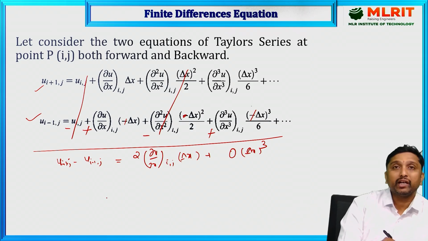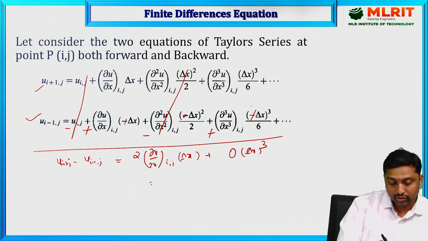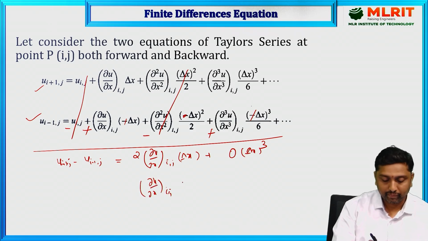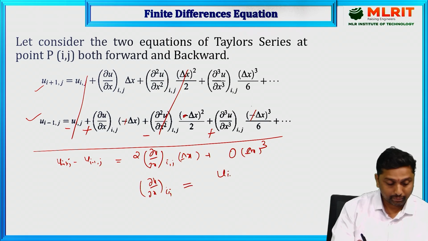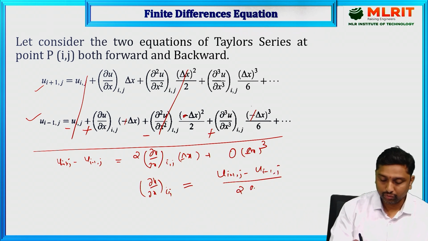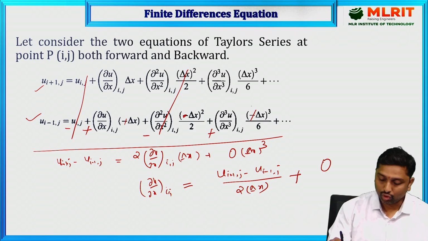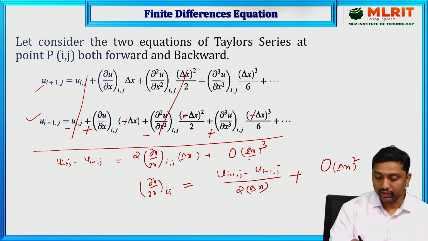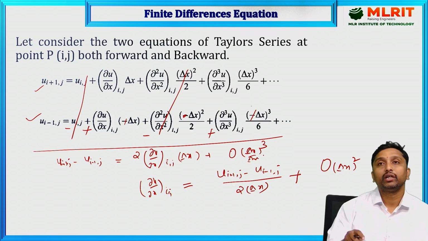Now if we rearrange them, what we get is ∂u/∂x at i,j equals (u_i+1,j − u_i−1,j)/(2Δx) plus order of Δx square, because Δx cube by Δx will be Δx square.